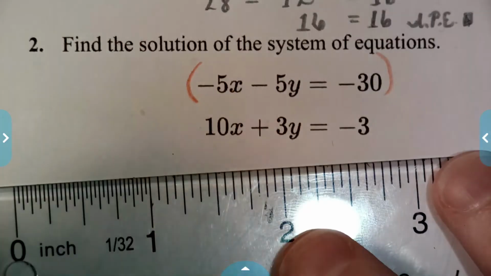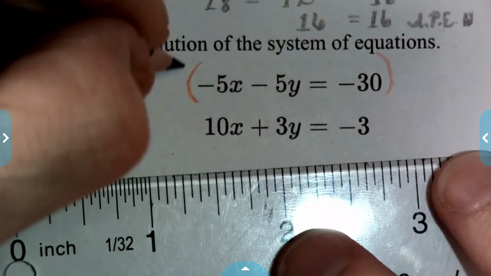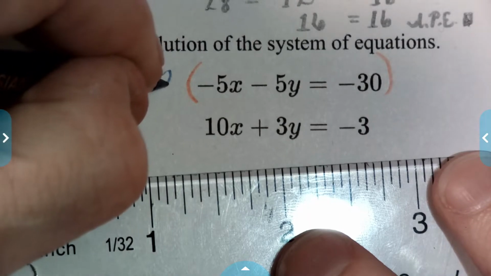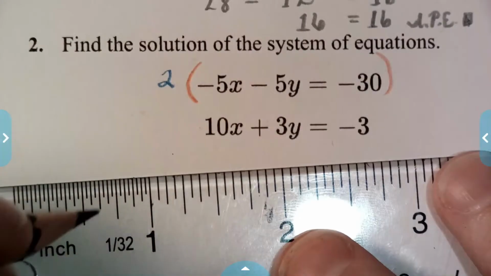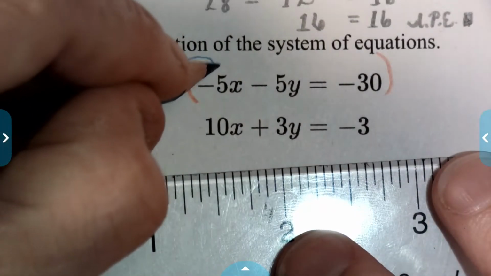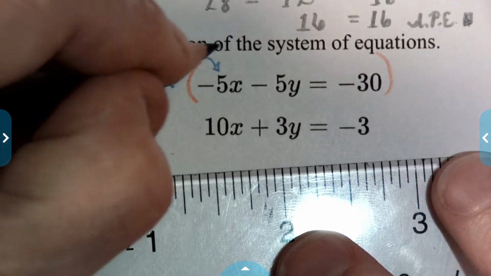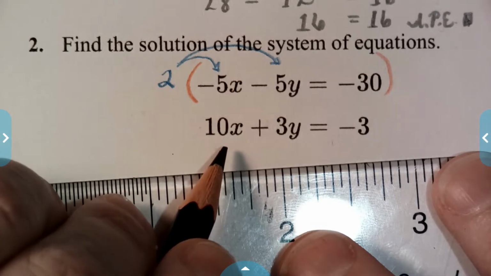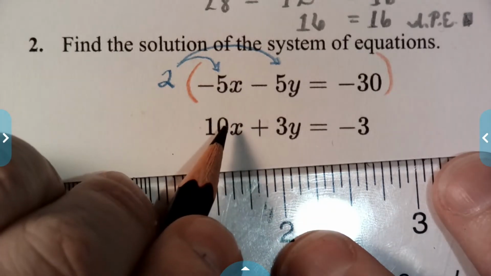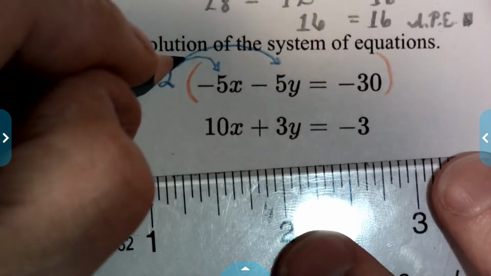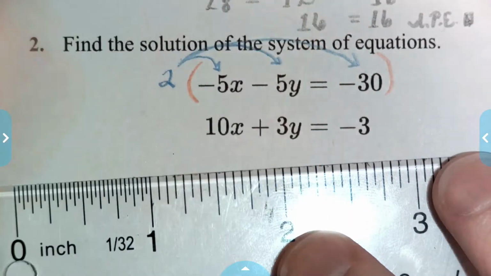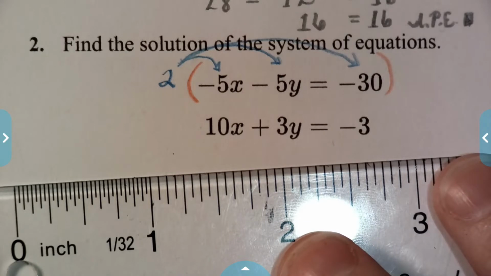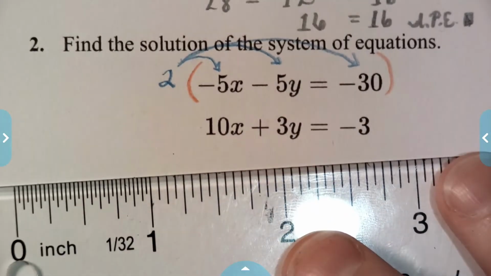So if I multiply every term of the top equation by 2, and distribute that 2 through every term, notice that my main goal of getting this to be negative 10x, so I can add and eliminate the 10x, it works. But you have to multiply every term by 2. Just keep that in mind. Even the term on the other side of the equal sign.